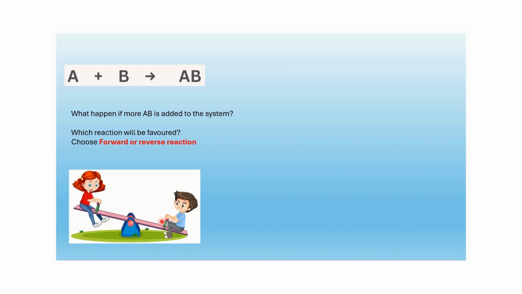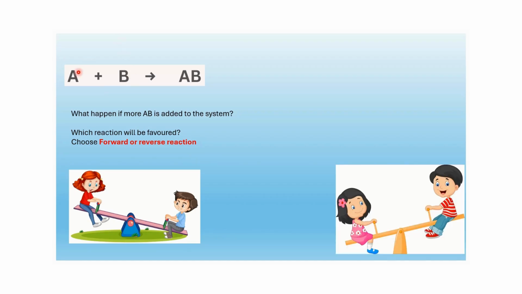Le Chatelier's principle will come and shift the ball to the left, meaning that we are going to favor the reverse reaction. And when we favor the reverse reaction, whatever is on the left must increase, whatever is on the right must decrease. So in this case, AB will decrease while B increases and A increases.